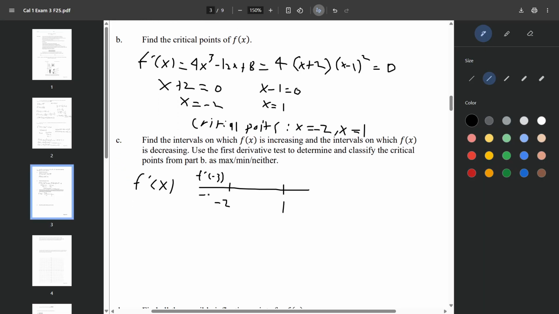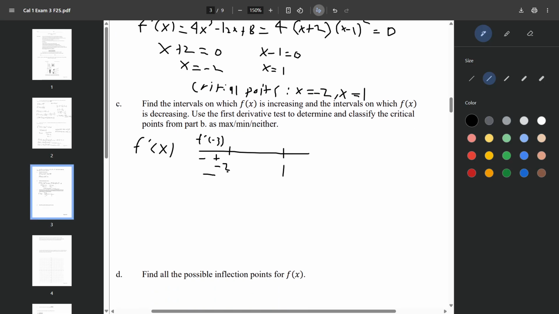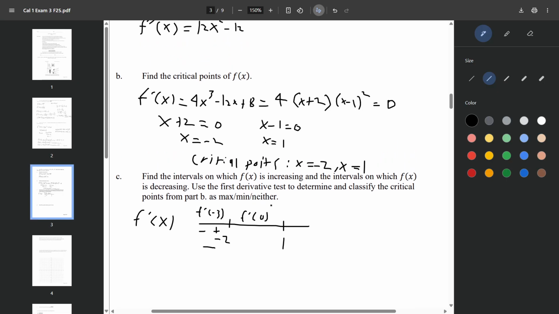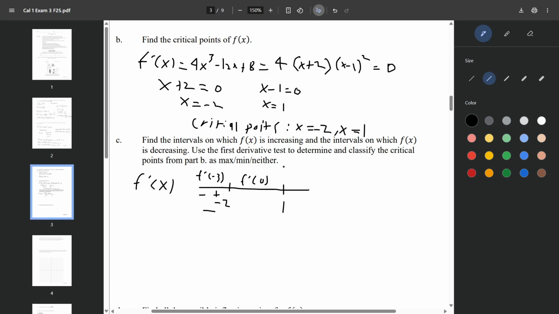So we're going to have negative times a positive, and in this part our graph is going to be decreasing. We are also technically multiplying by 4, however that is a positive in front and is not going to change anything regardless of what x is, so there's no need to include it.